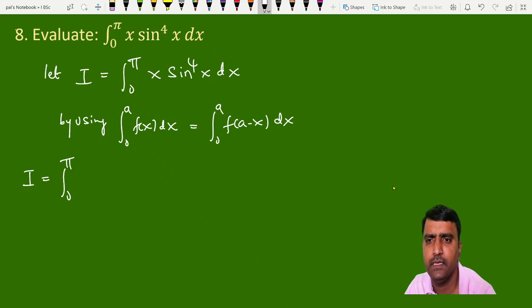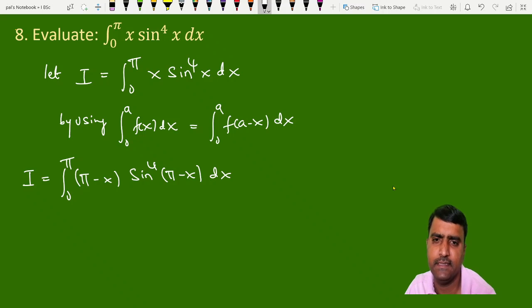So by using this property, I can be written as integration from 0 to pi of pi minus x into sine to the power 4 of pi minus x dx. Wherever x is there, you replace that x with pi minus x. Now what is sine of pi minus x?